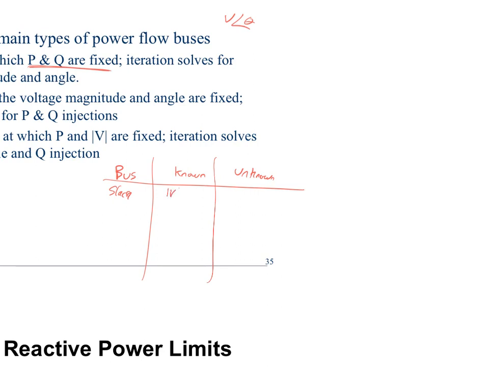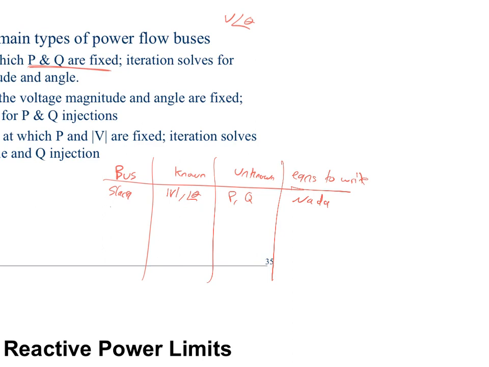We know the magnitude of V and the angle of theta. We do not know P and Q. So equations to write? Nada, right? Not a single one, because you can't write any equations in the case of a slack bus.